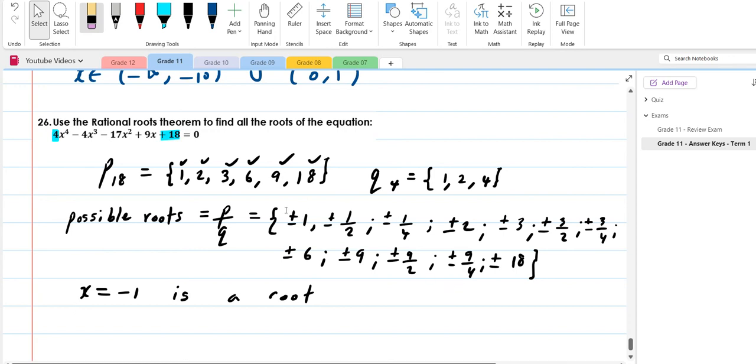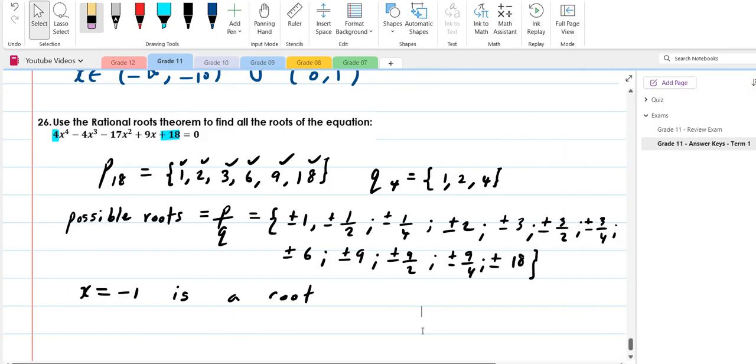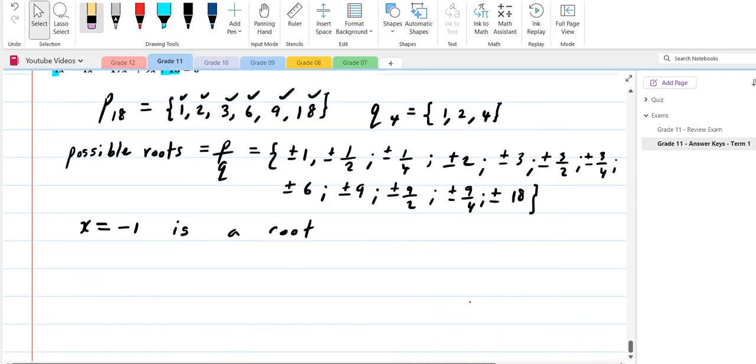Plus minus 1 is out, because we got x as -1. Let's try maybe plus minus quarter. Will quarter work? Okay, let's use synthetic division and get it into a cubic function first. Maybe the cubic function might help.